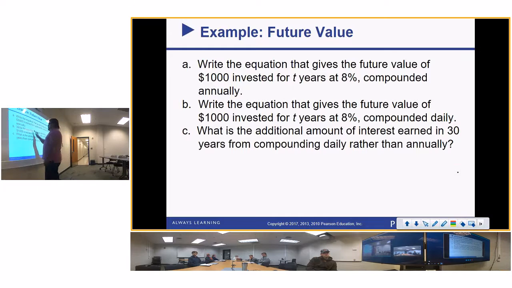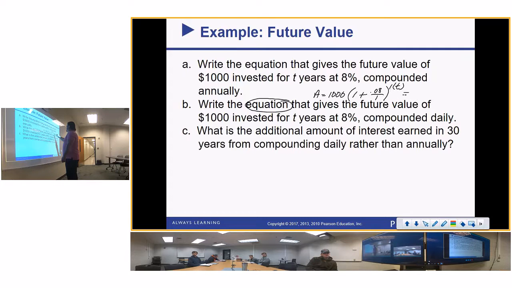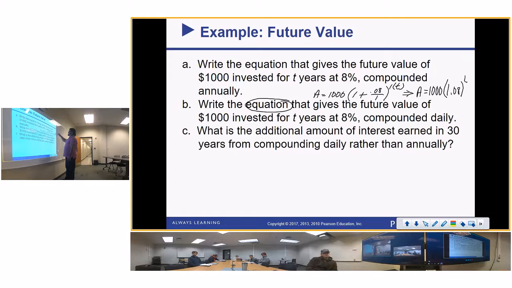So here, they want the equation, so that would be A is equal to 1,000 times (1 plus 0.08 over, let's see, it says compounded annually. That would be 1) to the 1 times T power, and you would simplify that and say A is equal to 1,000 times 1.08 to the T power.